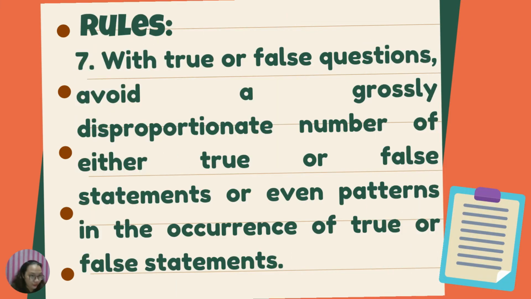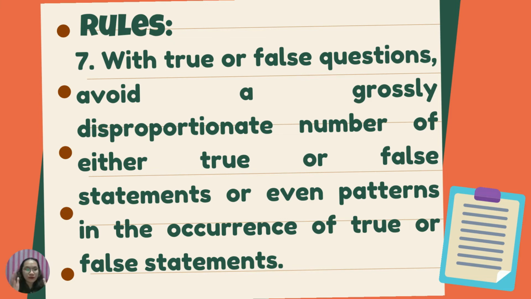And then the last rule. With true or false questions, avoid a grossly disproportionate number of either true or false statements, or even patterns in the occurrence of true or false statements. If we are going to construct a true or false test, as much as possible, we should see to it that there is an equal distribution of the number of questions which will be answered true and false.